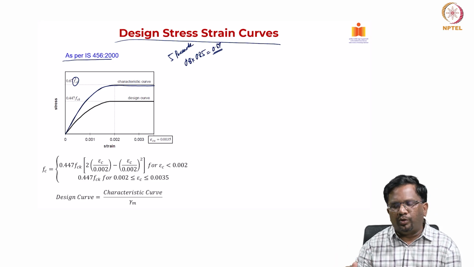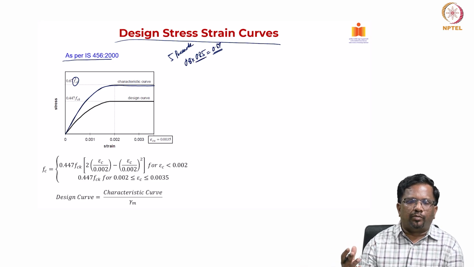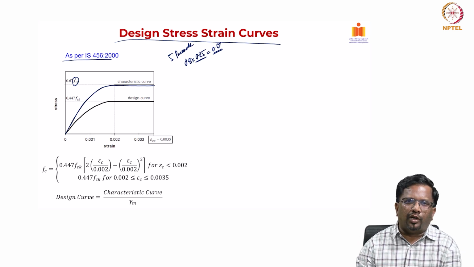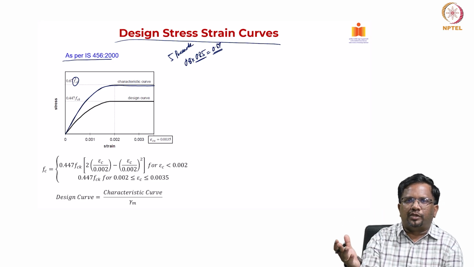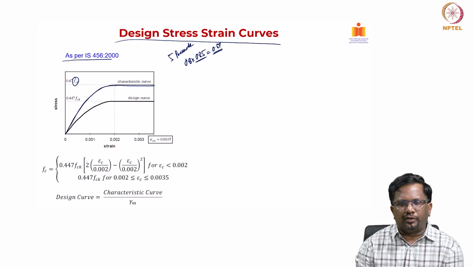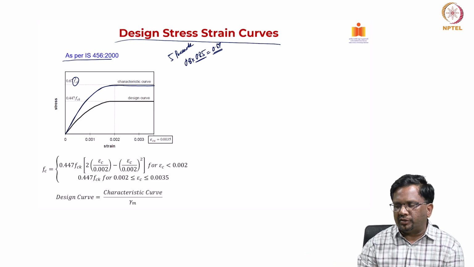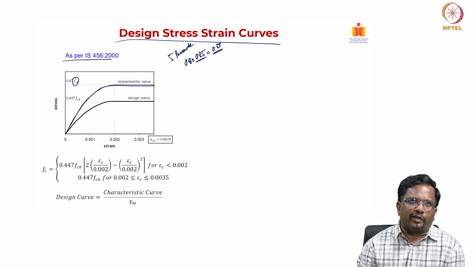Then the 0.85 comes to account for the size effect, because we typically test small elements but actual structural elements are large, and when you cast concrete there is always a tendency of more defects in a larger system. To account for all those things, the code says you knock it down by another 15%. That is how we get this 0.67 fck for the characteristic curve.